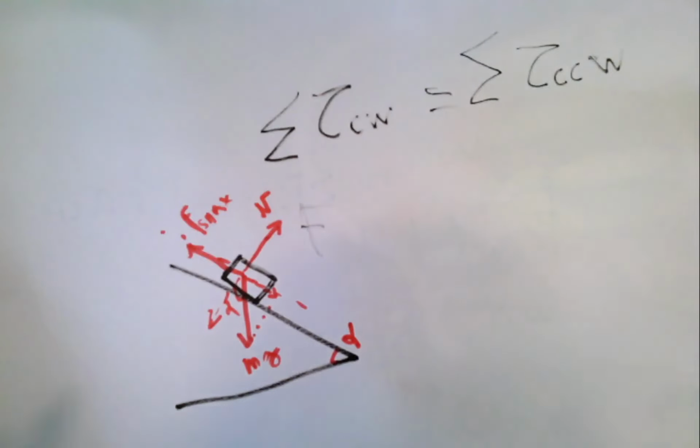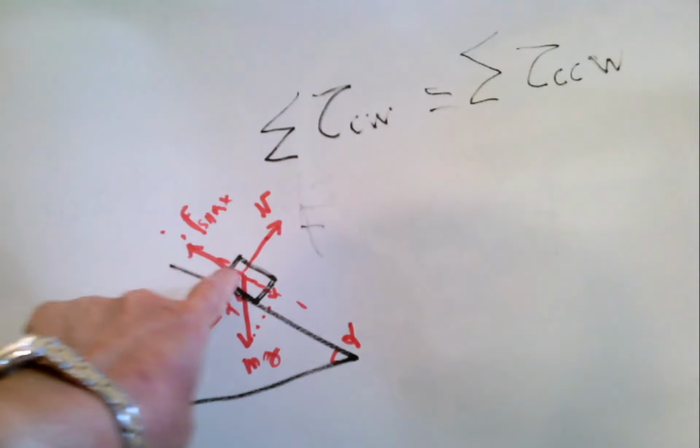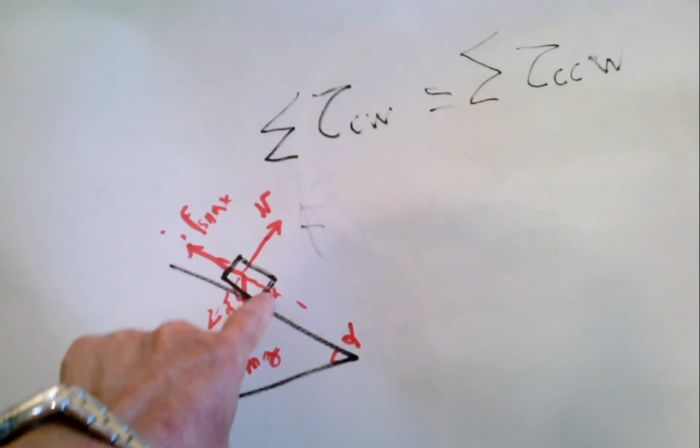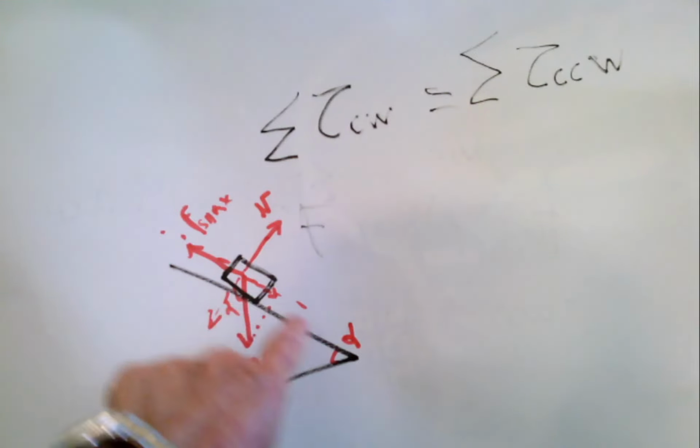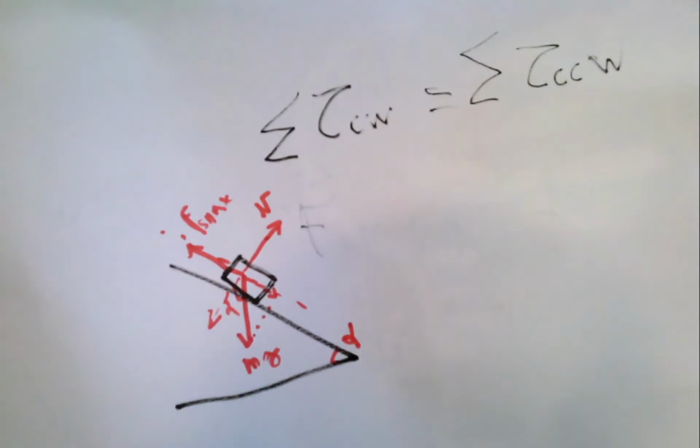So remember that when it's flat, nothing happens. You just have weight pulling down, the normal force pushing up. As you increase this angle here, and that becomes an inclined plane, you're going to have a static friction force, which equals the component of the weight along the inclined plane.